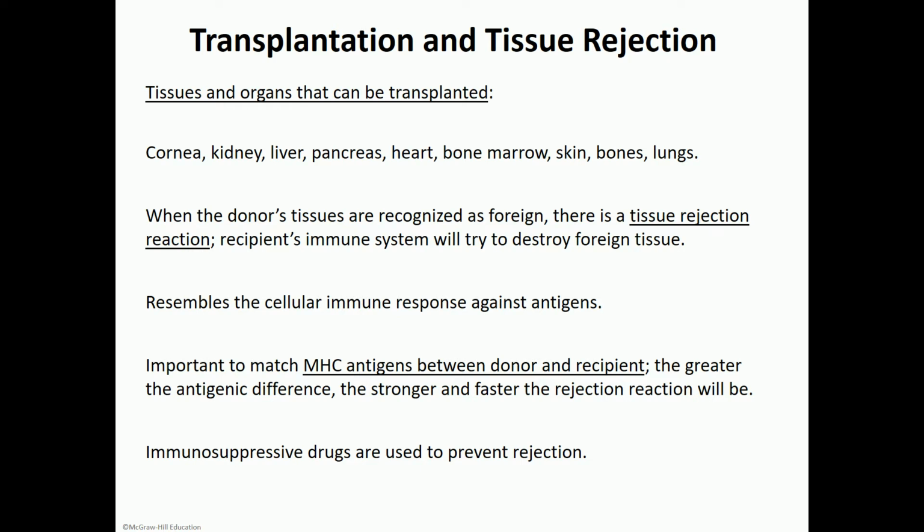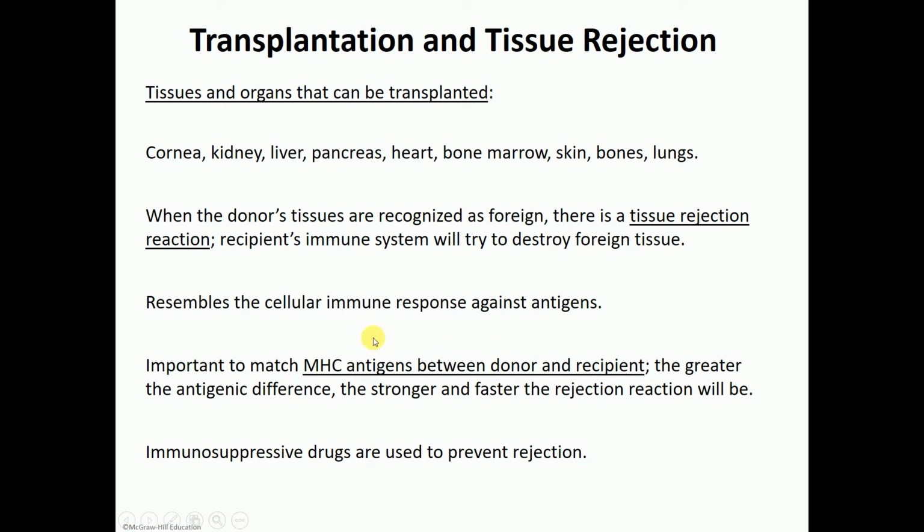And that's why immunosuppressive drugs are given to the recipient prior to transplants in order to decrease the risk of rejection. And it's also important to match the MHC antigens between the donor and the recipient. Obviously, the greater the match, the less risk of rejection.